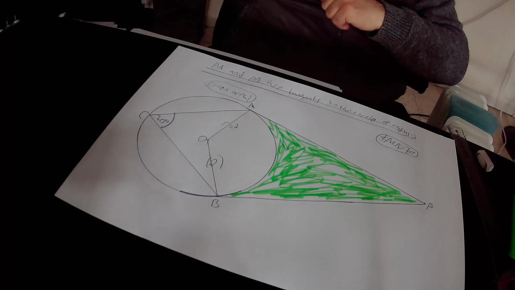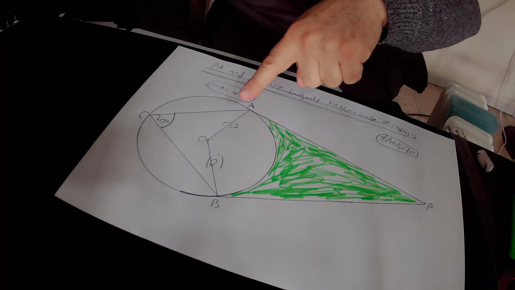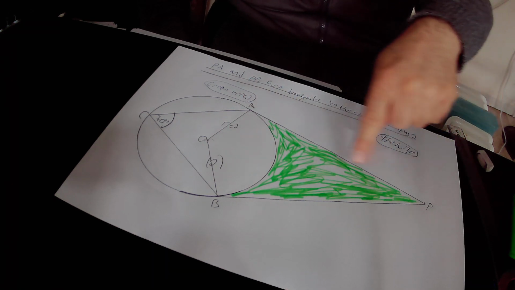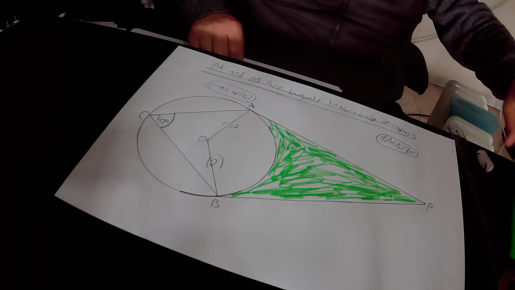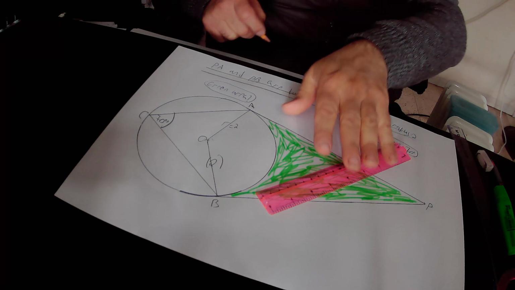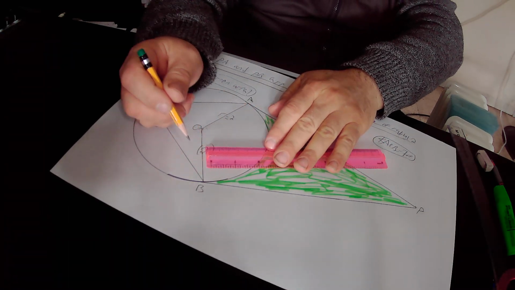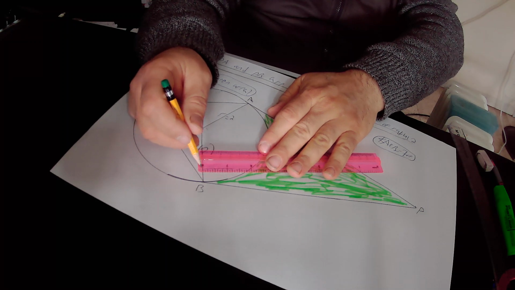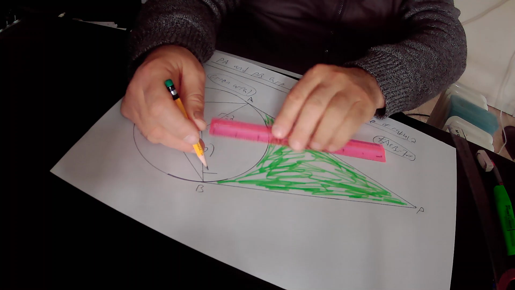And whenever you have a radius that is drawn to the point of tangency, then tangent PB will be perpendicular to the radius OB. If PB is perpendicular to BO, it means that this angle equals 90 degrees. It is the right angle.